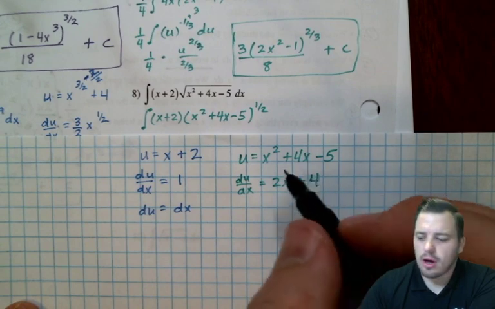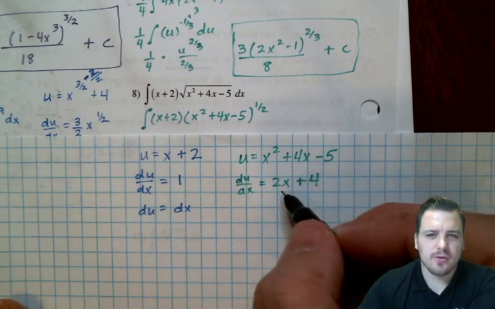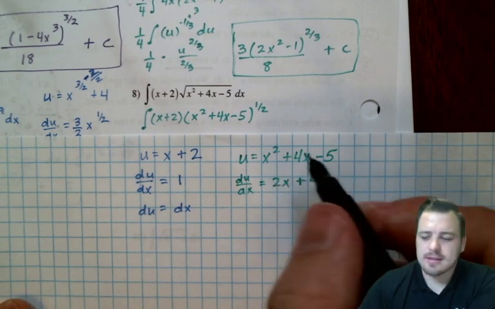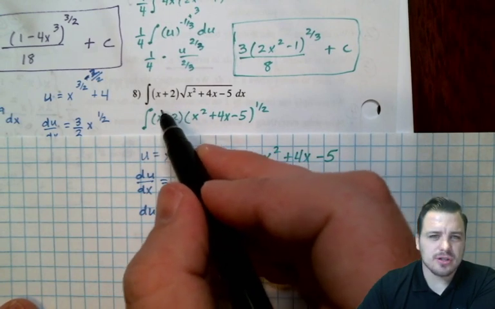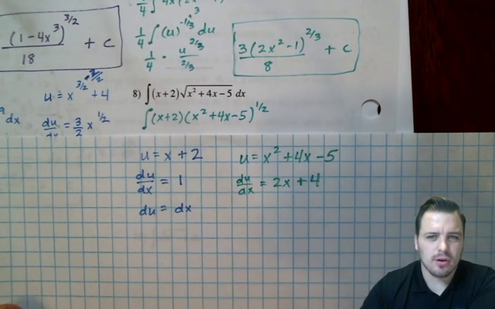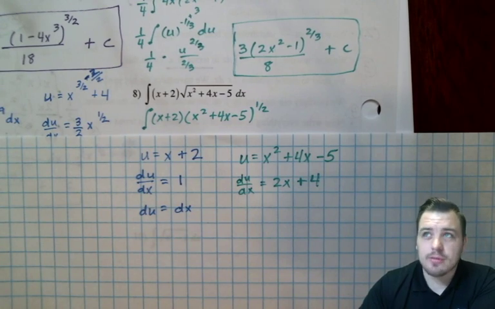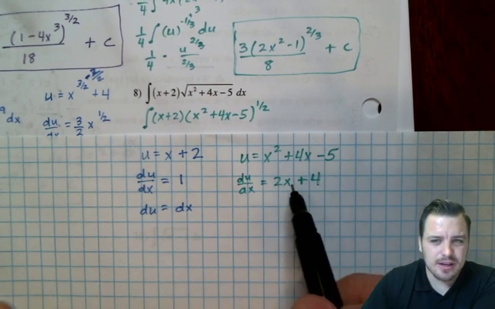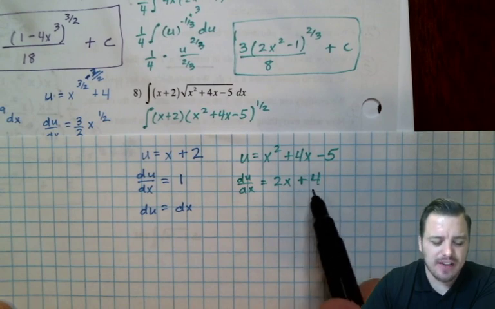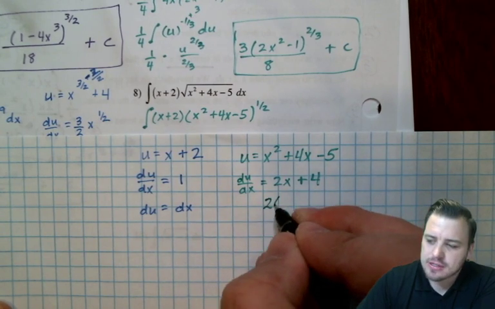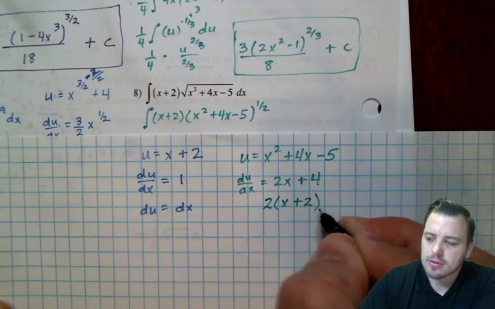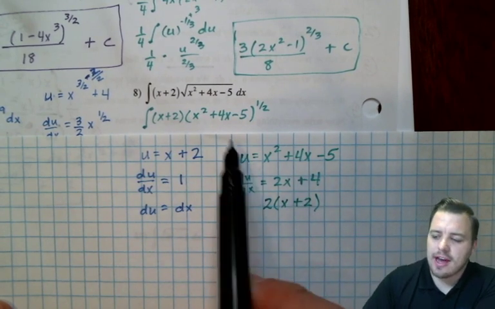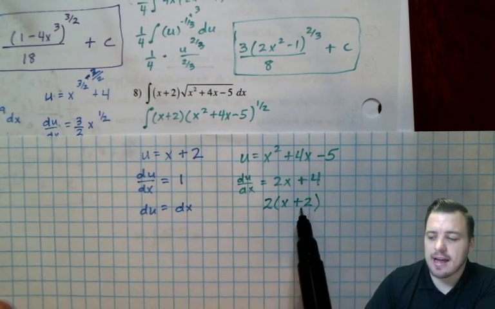You're like, well, hold on. 2x plus 4 doesn't really match up with this x plus 2 either. So which one would be better for me? But always remember, we could factor this. What happens when we factor it? We get 2 times x plus 2. Now look at that. I have an x plus 2 and I have an x plus 2.